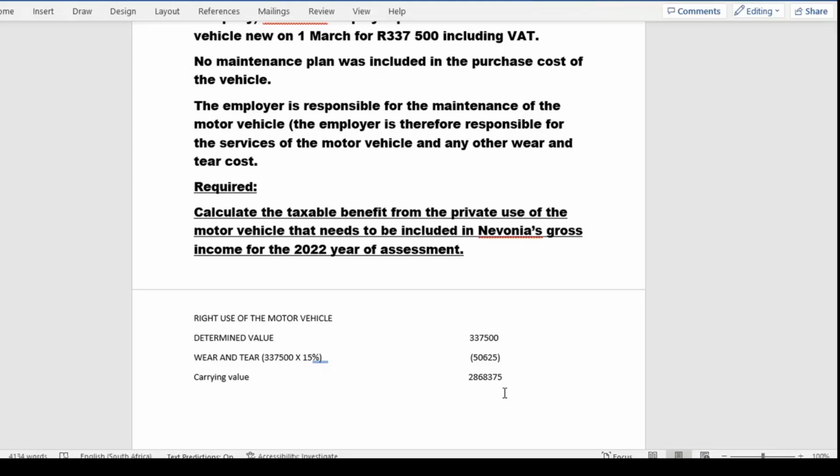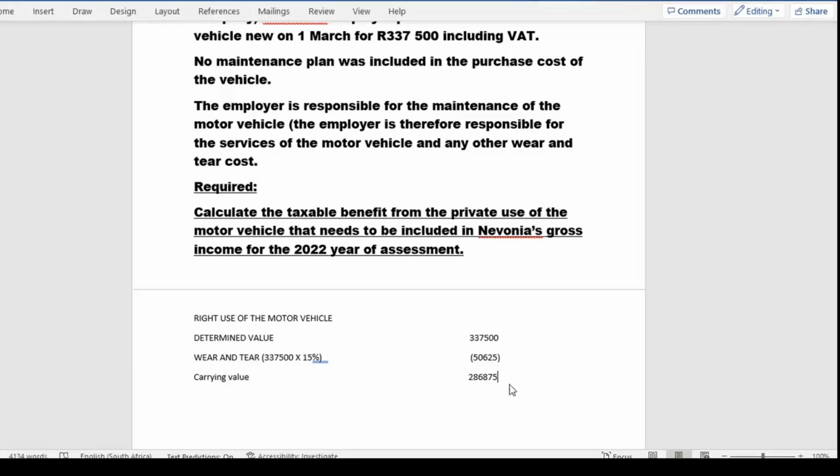But 337,500 is your cost, and your carrying value is 286,875. There's no correlation in terms of your figures. Oh, you're correct, sir, I made a mistake. It's 286,875. Now we're getting somewhere.